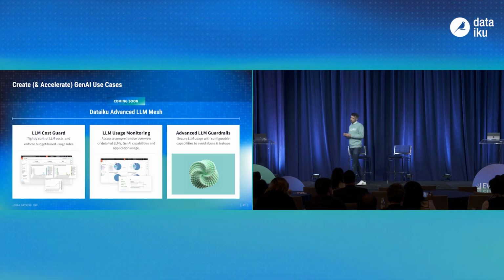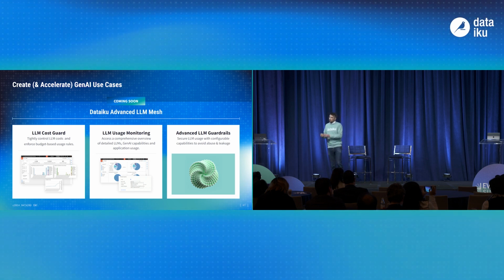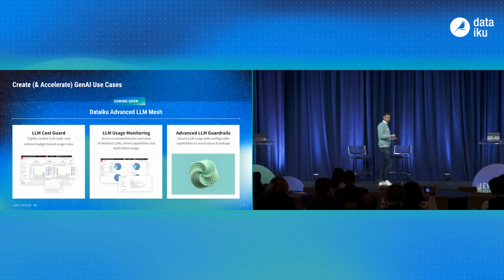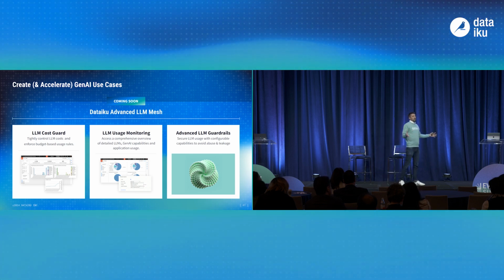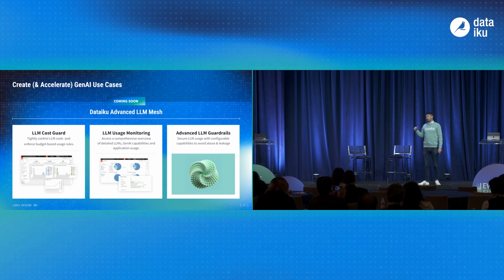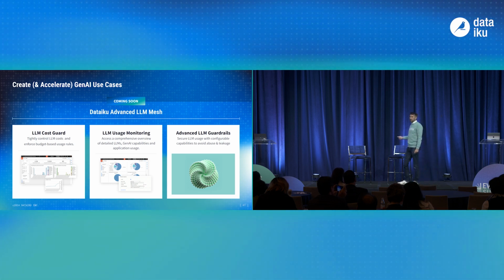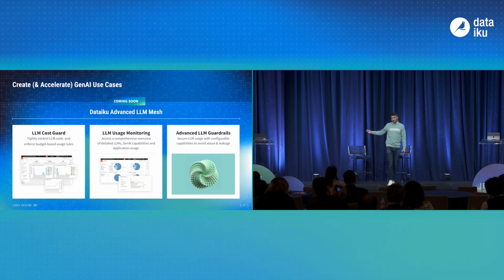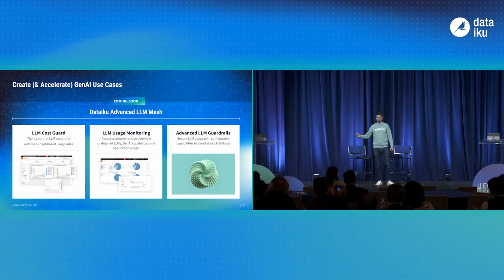We are also rolling out more advanced features, not with the actual LLM integrations themselves, but tracking and monitoring and ownership of these LLMs. So this includes Dataiku's LLM Cost Guard, which allows you to track exactly who is spending what money across which different services inside of your organization.